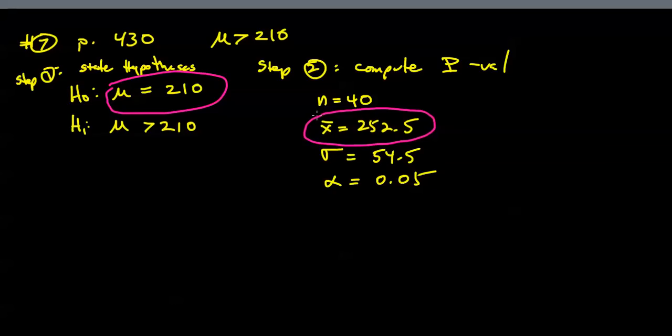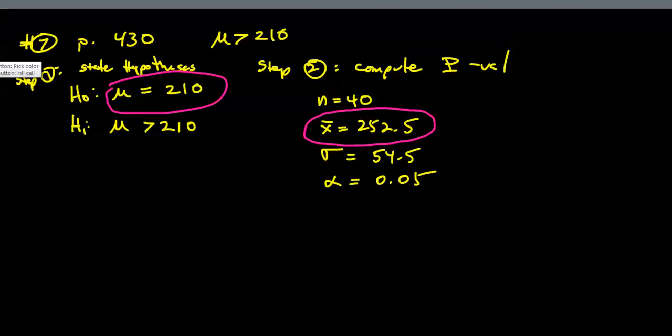Now, clearly 252.5 seconds is greater than 210 seconds. The idea here is: is that difference significant, or statistically significant enough to deny the claim or reject the claim that mu equals 210? All right, that's what we're doing here. That's what we're putting to the test.